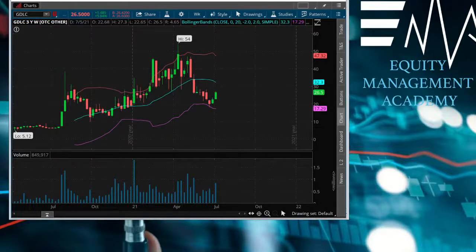So what I want to do here is do the process basically that I go through in identifying an asset. And in this case, for example, we've identified GDLC, which is this Grayscale digital large cap fund. It's a diversified fund that has about $30 billion under management.